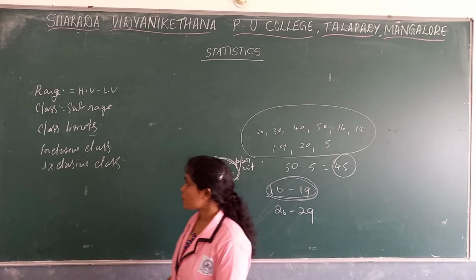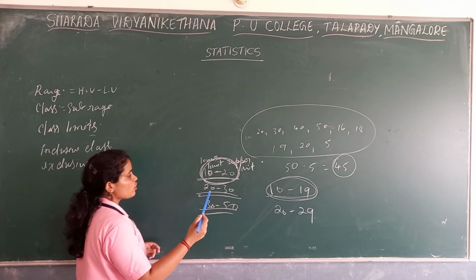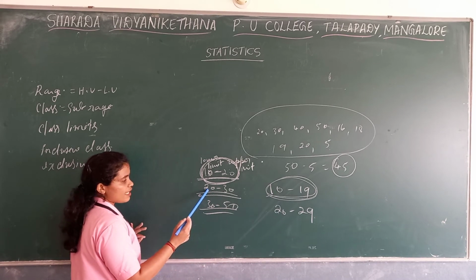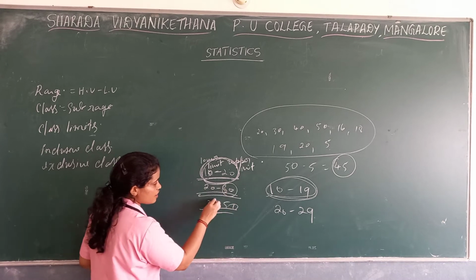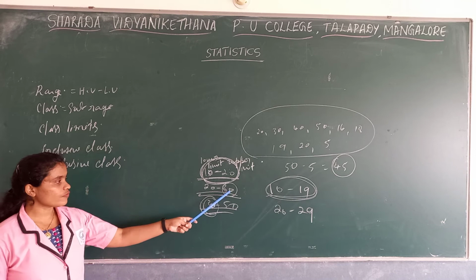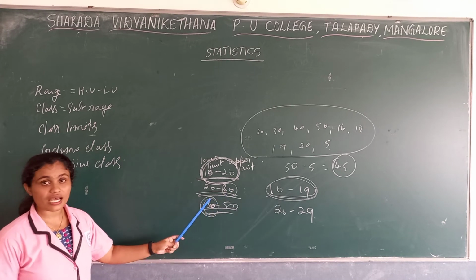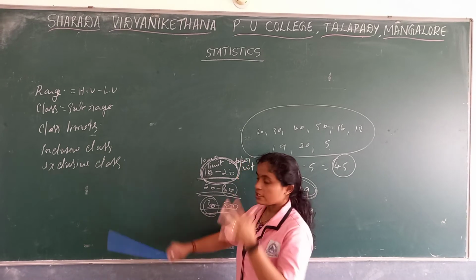Such a class we call an inclusive class. Then the exclusive class is where the lower limit is included in the same class but the upper limit is excluded from this class and is included in the next class. Such classes we call exclusive classes.